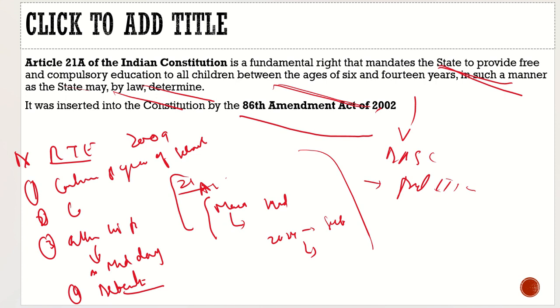Actually, with respect to the no detention policy, there was an additional thing called continuous comprehensive evaluation. It should have been there, but it was not totally added. So the no detention policy was adopted by the states, and because of that, students started not going to school, and the level of education dropped.